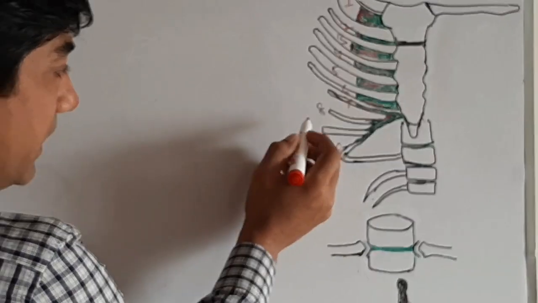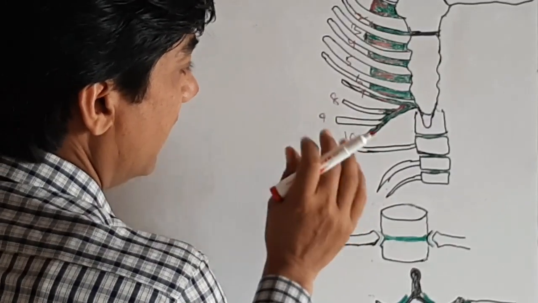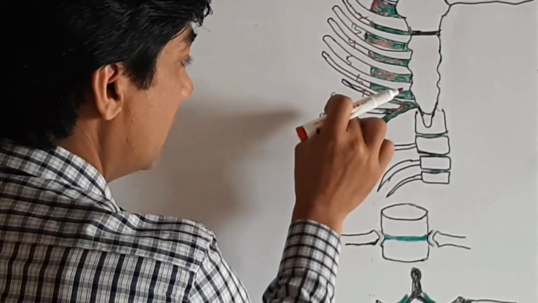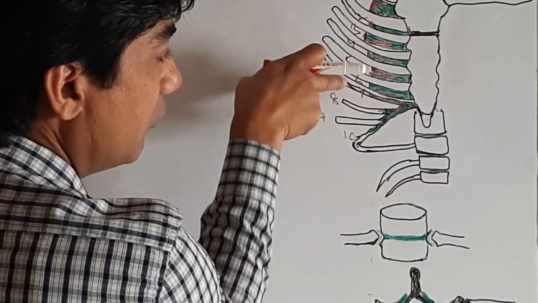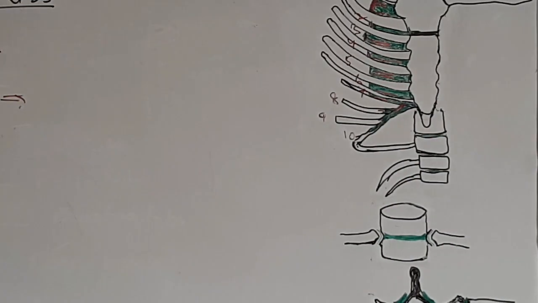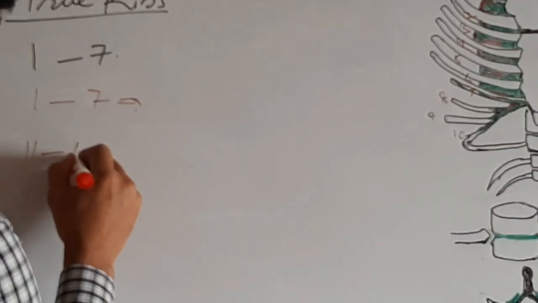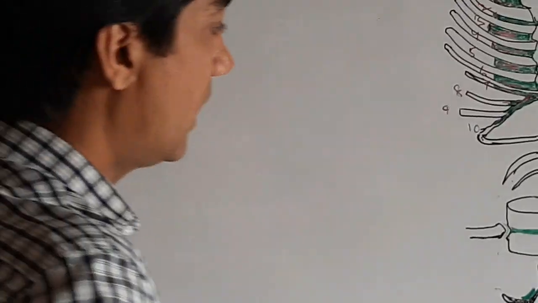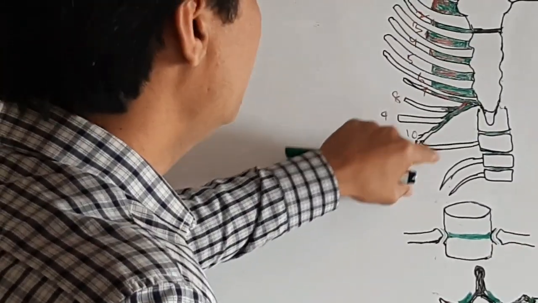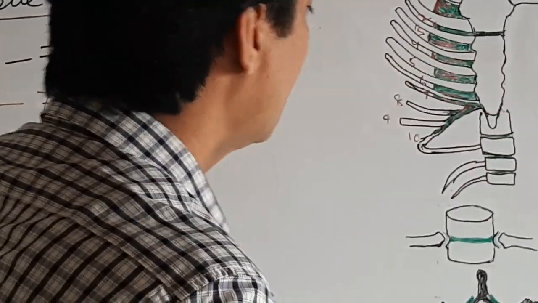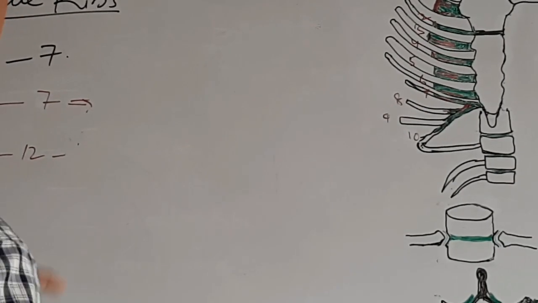But pairs 8, 9, and 10 are not connecting directly with the sternum. They connect with the 7th pair of ribs and then connect with the sternum. And 11 to 12 pairs of ribs do not connect anteriorly to the sternum. They are floating ribs and are also embedded in the abdominal muscles.